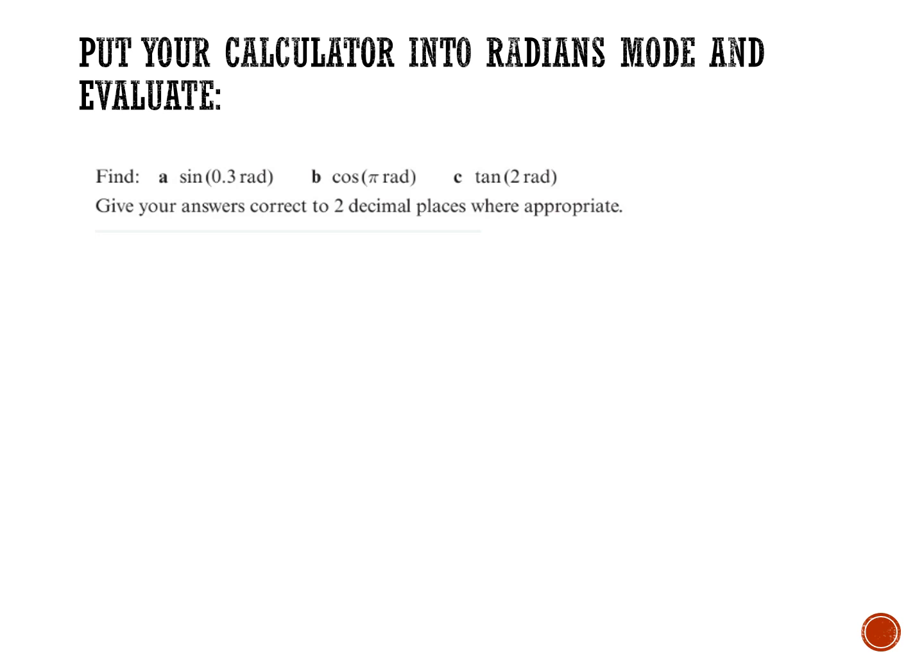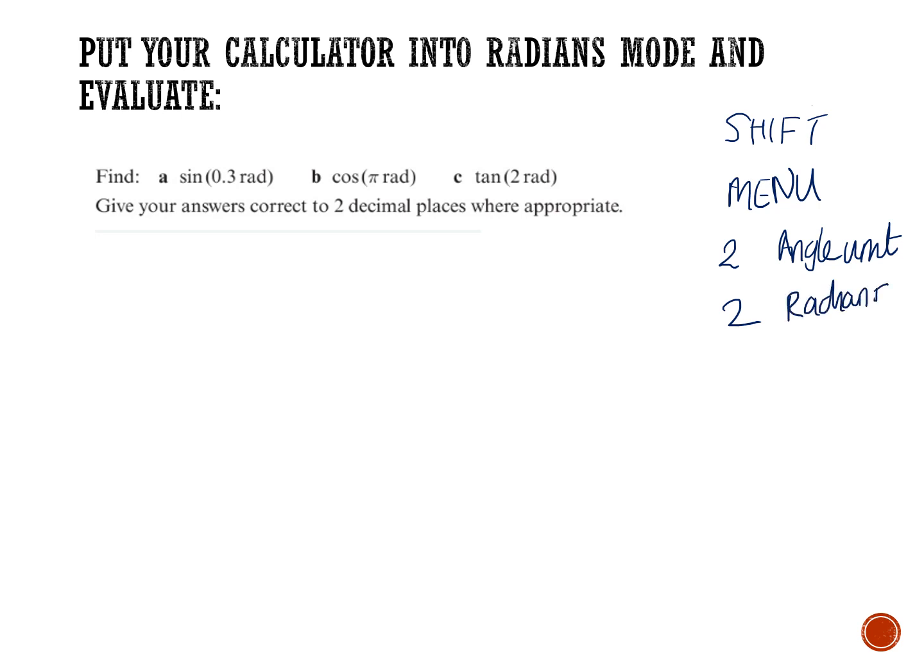Okay, so here's what you do. You press Shift, you press Menu, and you'll see it comes up with some options. You press option number 2, which is angle unit, and you select option 2, which is radians.